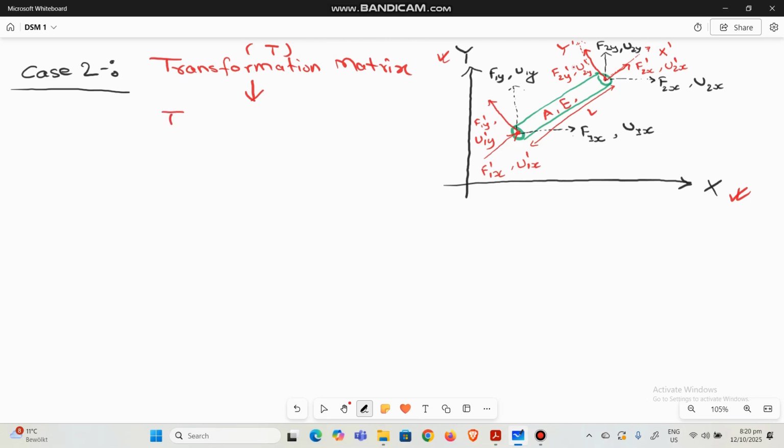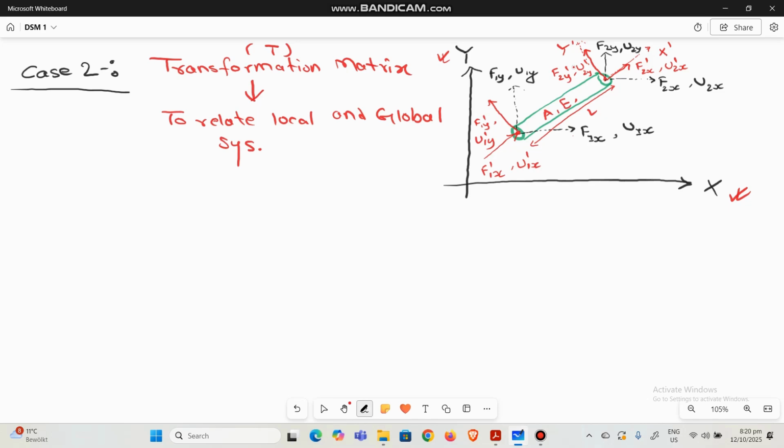To relate local and global coordinate systems.